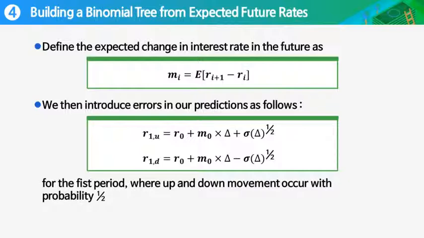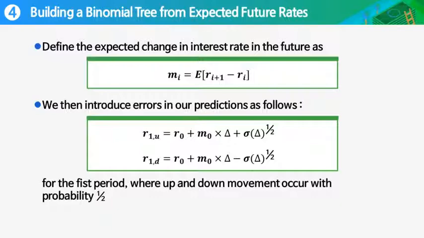Now, up to this point, we assumed the initial interest rate tree was given. God gave us the interest rate tree. But in order to use this model in practice, we have to come up with a method to generate the interest rate tree.